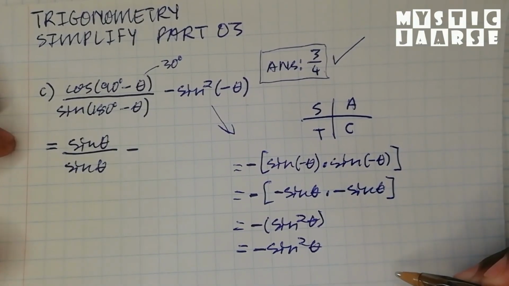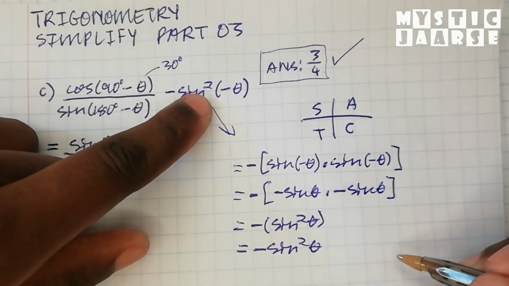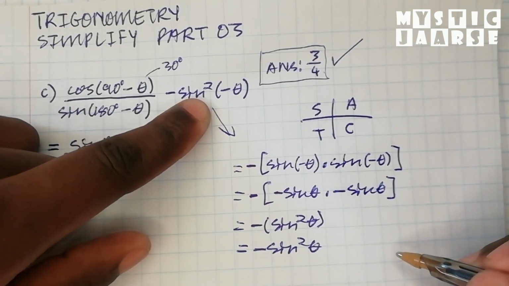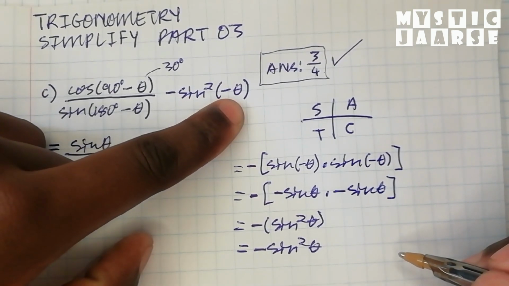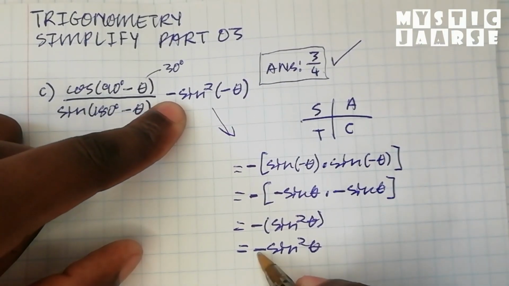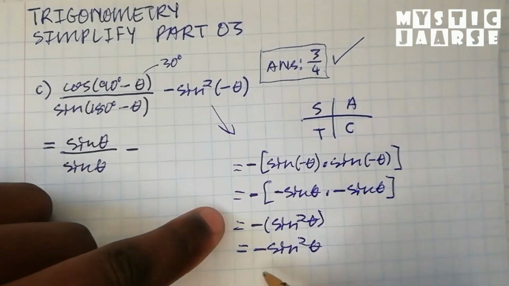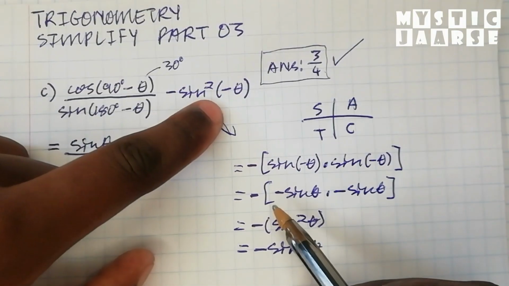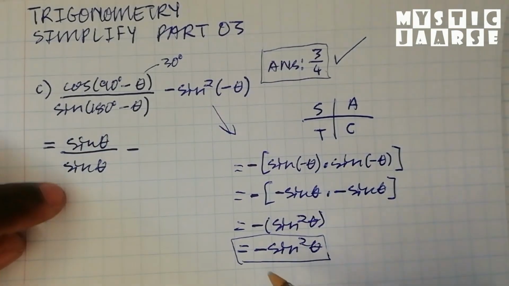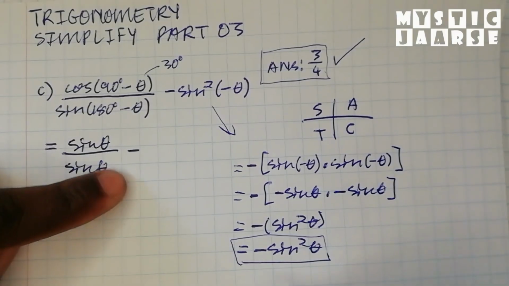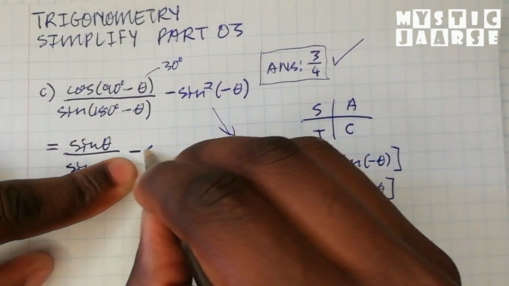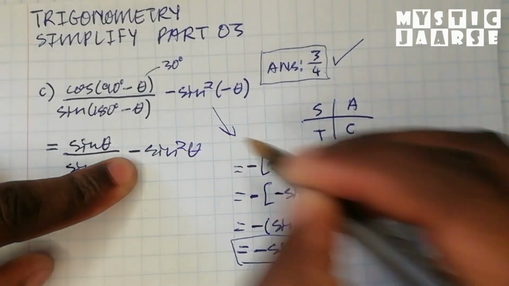What does this mean? It means that whenever you have a squared trig ratio that is affected by a negative angle, its sign stays the same. So we will be having sine theta divided by sine theta minus sine squared theta.